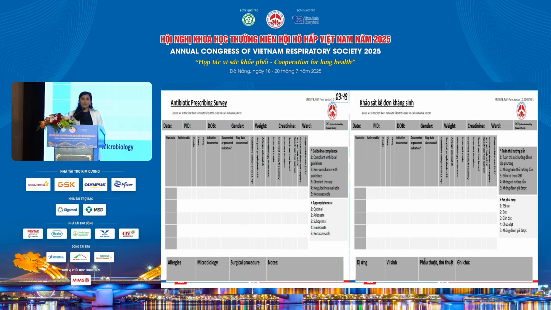Audit and feedback was our mainstay intervention. We used this template, and it was translated as well for the team to execute, where we wrote down the antibiotics that were used, the dose, the frequency, what route, IV or oral or IM, whether the indication was known, and all of the criteria as to whether it is appropriate or not.